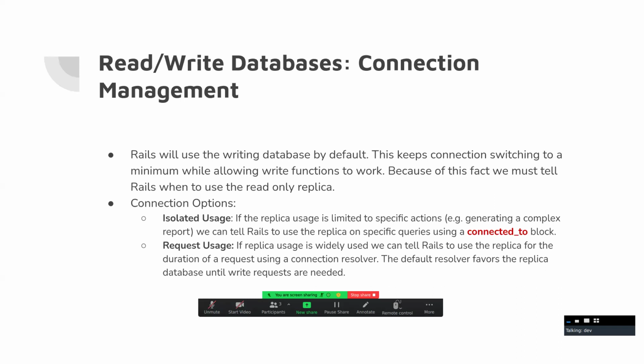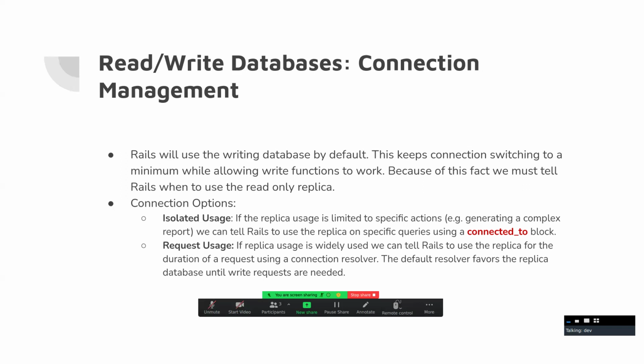Connection management, as we discussed: Rails will use the main write database by default. This is just so things generally work by default. So we have to define rules or scenarios for changing our usage. If we have isolated queries, we can put things in an ActiveRecord::Base connected_to block, specify the database we want to use, and then everything within that block will run against that connection.